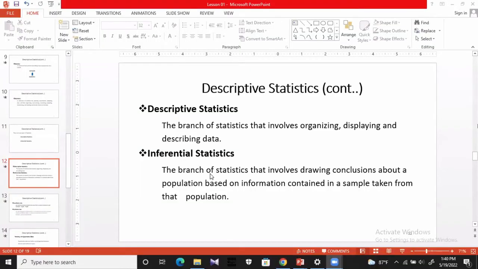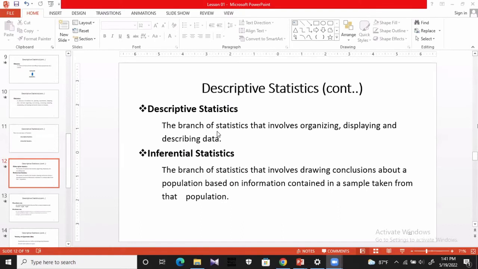Inferential statistics is a branch of statistics that involves drawing conclusions about a population based on information contained in a sample taken from that population. So before doing inferential statistics, we have to do the descriptive statistics part.